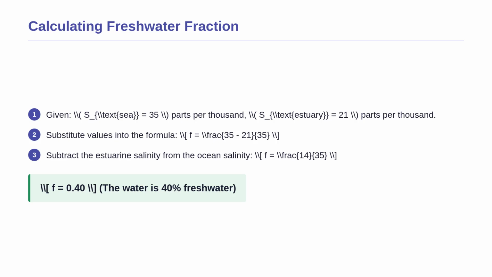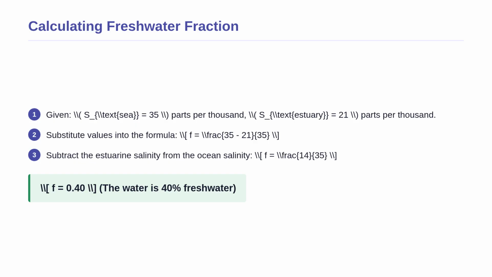Let us see this formula in action with a concrete example. Suppose you are an aquatic biologist testing a habitat for juvenile shrimp. You measure the open ocean salinity at 35 parts per thousand and your estuary sample at 21 parts per thousand. We substitute these exact values into our equation.